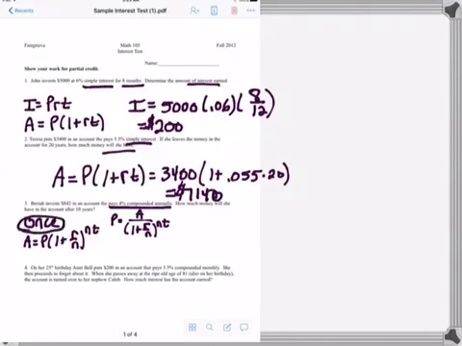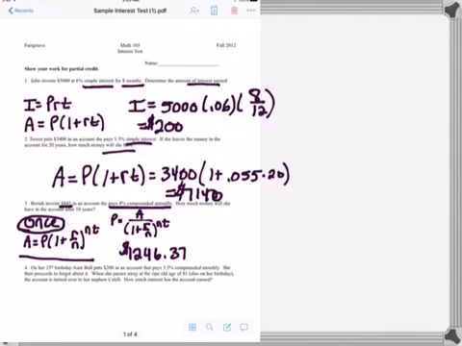This time we know what we're putting in, so we're going to use the first formula, and then we put our amount in and work that out. And so when we do that, we get $1,246.37 when we round to the nearest penny.